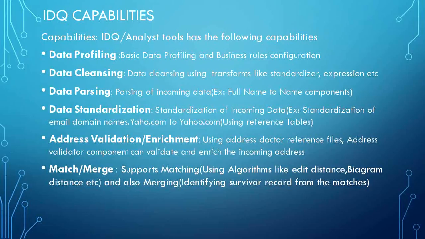Some examples of data cleansing are removing special characters or junk strings, something like a caret symbol. Parsing, for example, is parsing a full name into individual name components like prefix, suffix, and all these things.